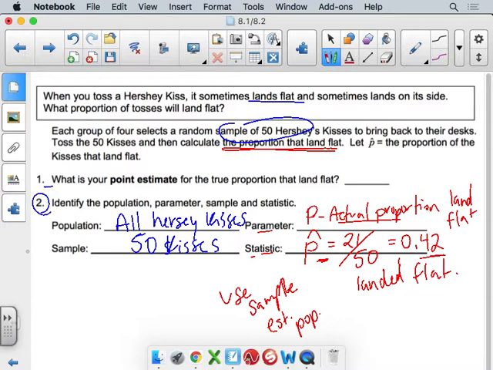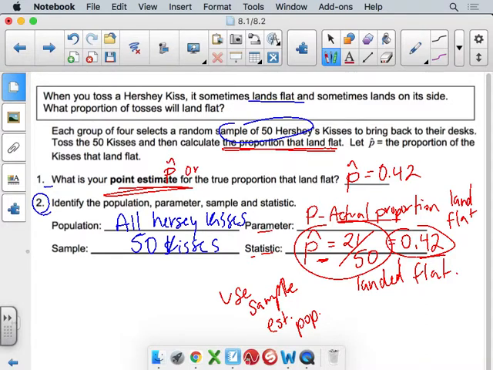All right, and so we got a p-hat of 21 over 50, or 42%. This can also be called a point estimate. This is our starting point, 42%. A point estimate is your p-hat, or if you're doing means, it would be your sample mean.